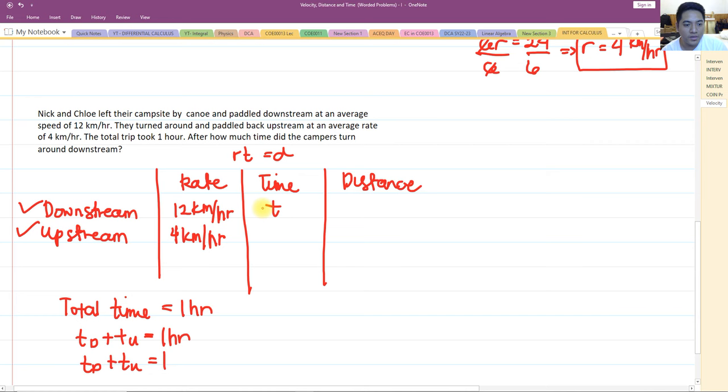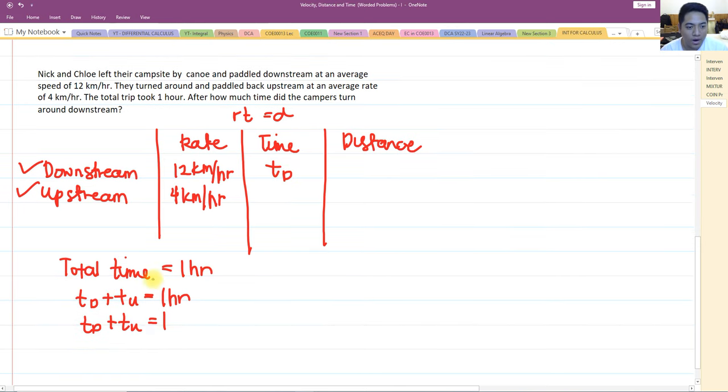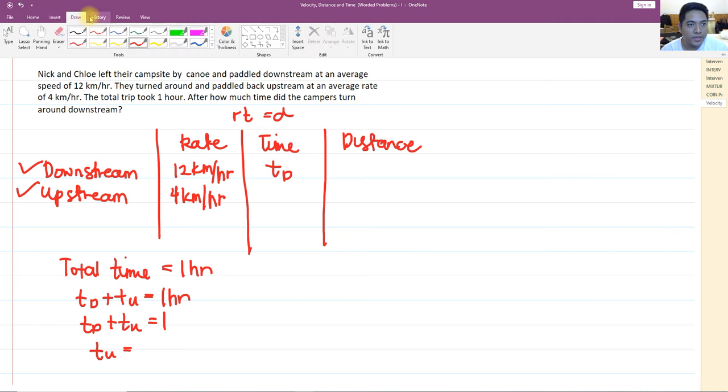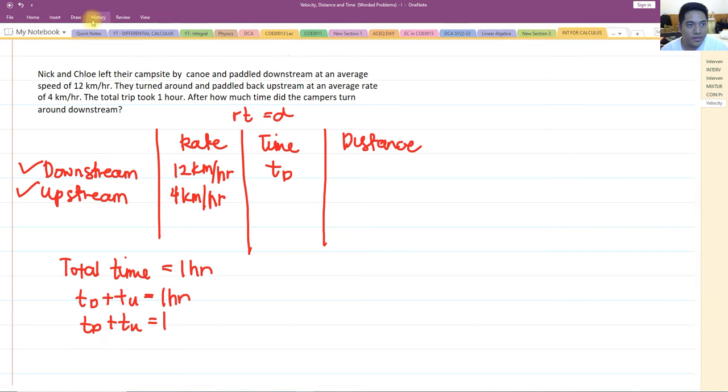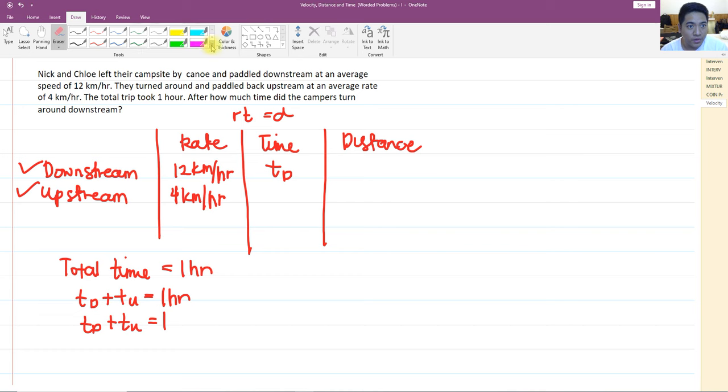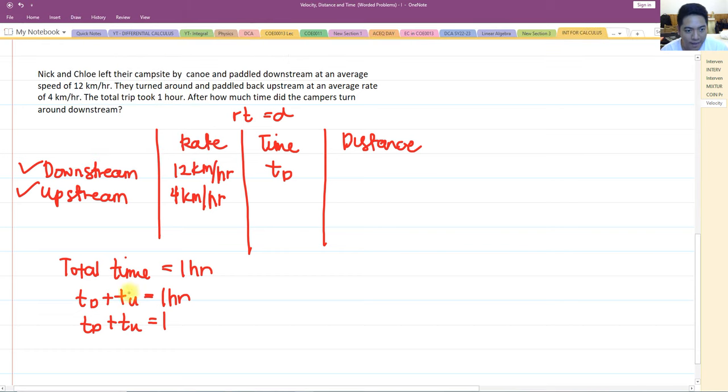Let's say the time in downstream is T sub D. And since the total travel took 1 hour, we can use the formula here to get the expression for the time it takes for them to travel upstream. So you have travel upstream equals 1 minus travel downstream. So you have 1 minus time to travel downstream.